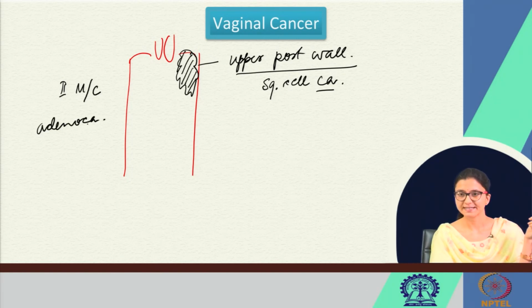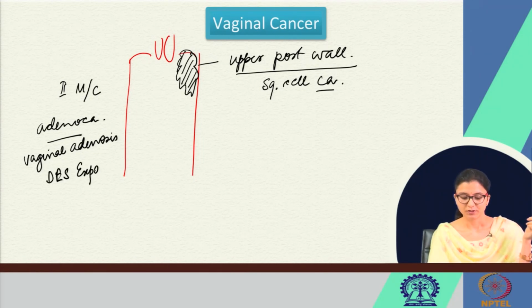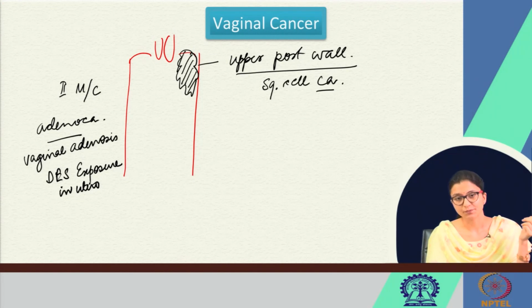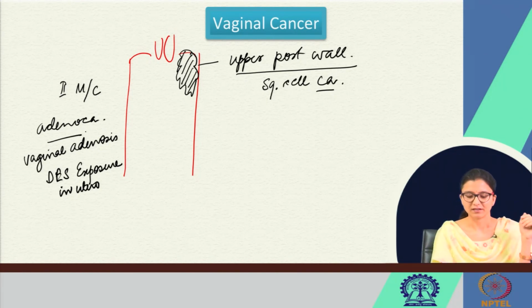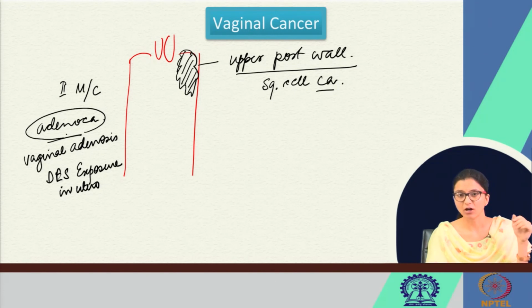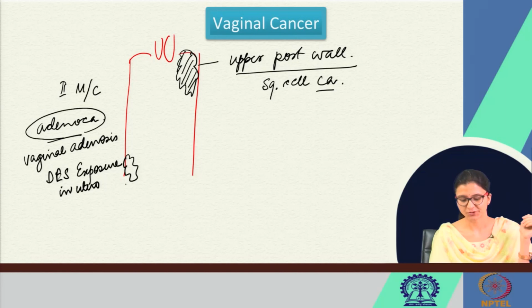Adenocarcinoma is due to vaginal adenosis, which is due to DES exposure in utero. If there is a female fetus and the mother takes DES, due to DES exposure there is vaginal adenosis, and from these vaginal adenosis cells there will be development of adenocarcinoma, which has now become very rare because we do not use DES nowadays, previously it was used.